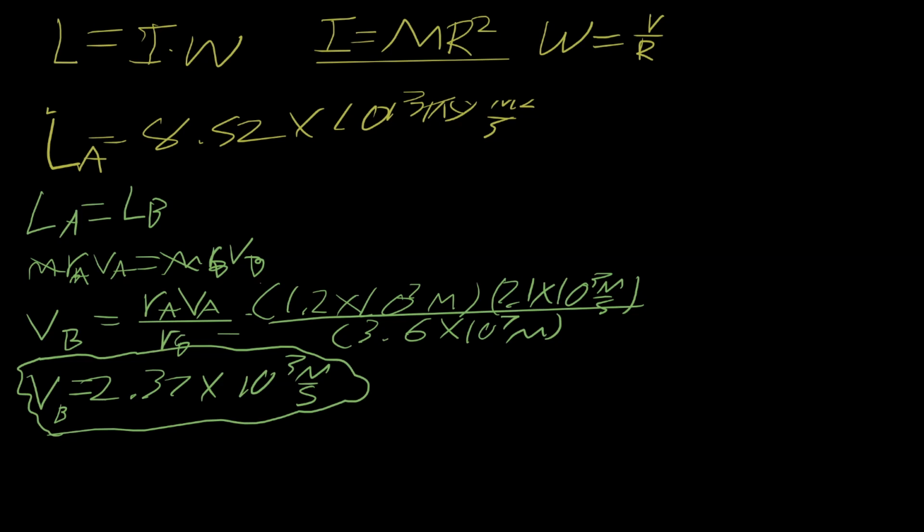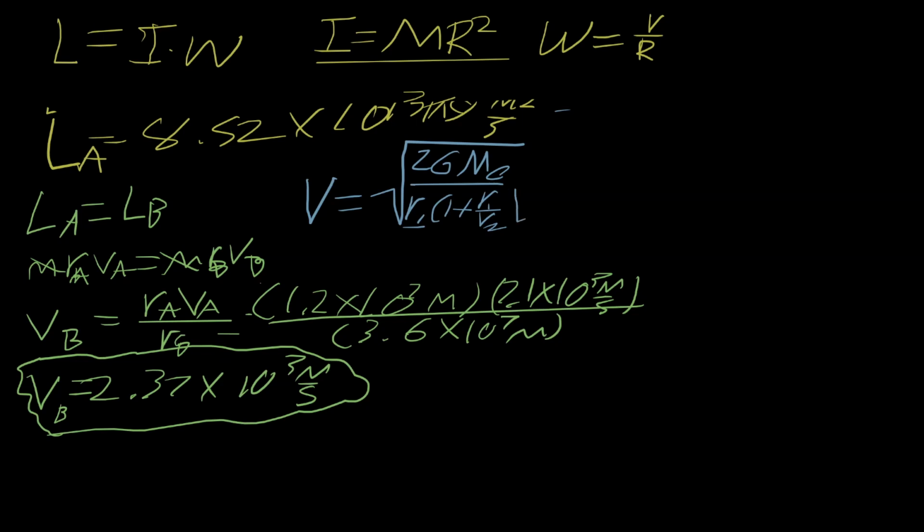Now you can also use our velocity equation for elliptic orbits to double check your answer, especially during the test, it can be pretty useful. So we know that the velocity of elliptic orbits is equal to the square root of 2G, which is going to be our gravitational constant, times the mass of the Earth, divided by the radius of where we're trying to find our velocity at, times 1 plus the radius where we're trying to find at, and then the other side radius if it's given, and this will give you the velocity at that position of the elliptic orbit.